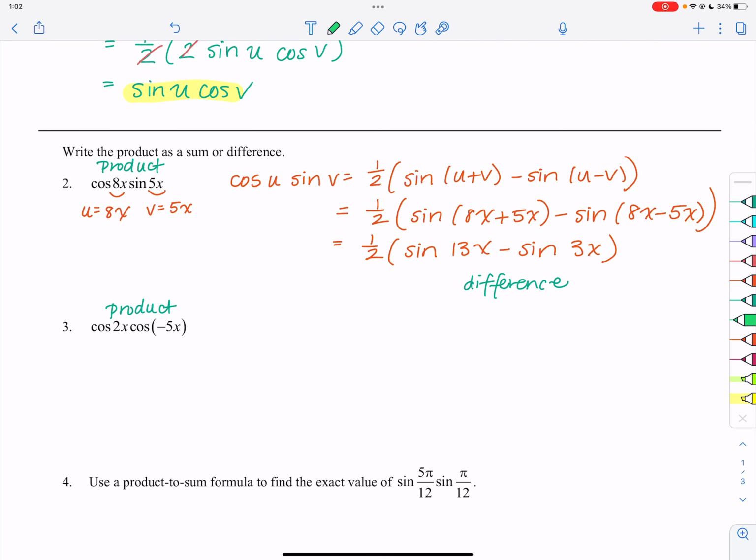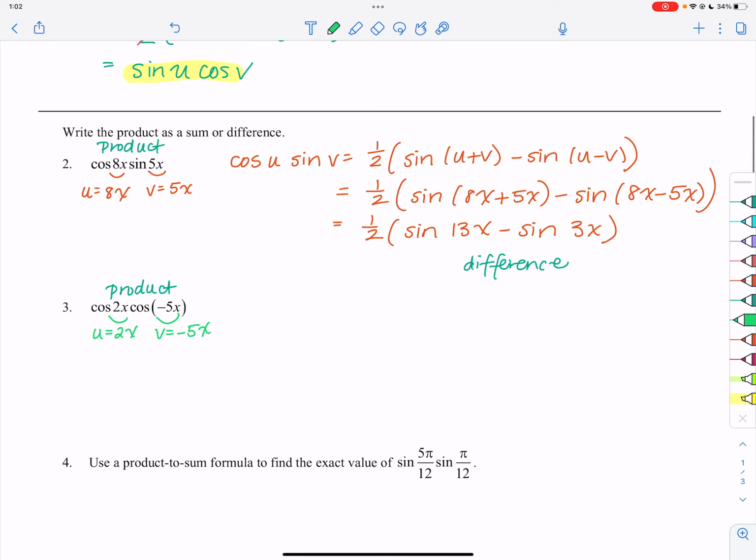Let's try that again. Now, let u equal 2x and v equal negative 5x. Let's write our formula. The cosine of u multiplied by the cosine of v is 1/2 times the cosine of u minus v plus the cosine of u plus v.